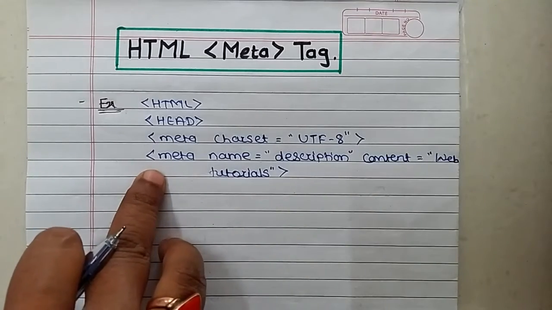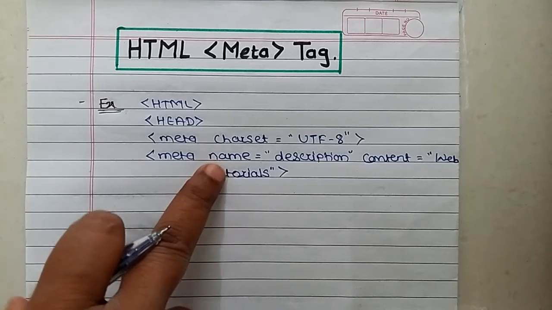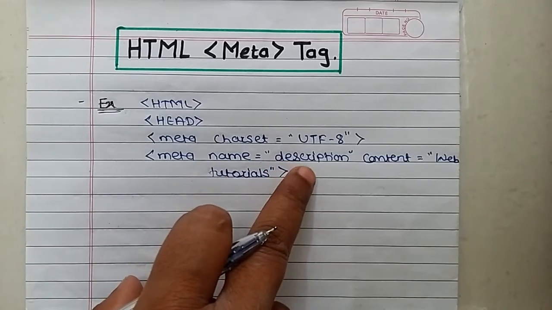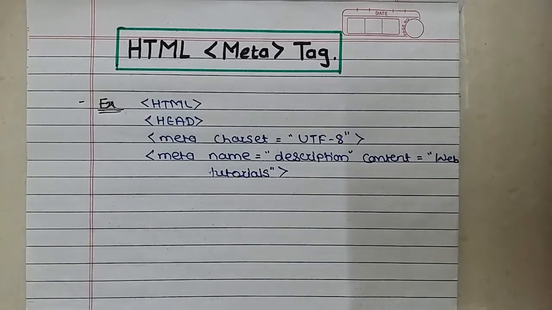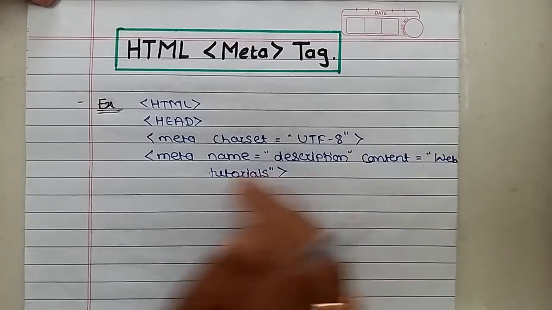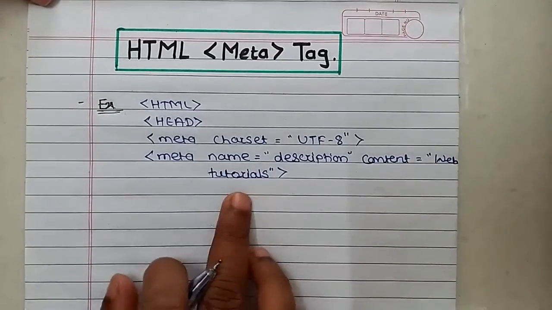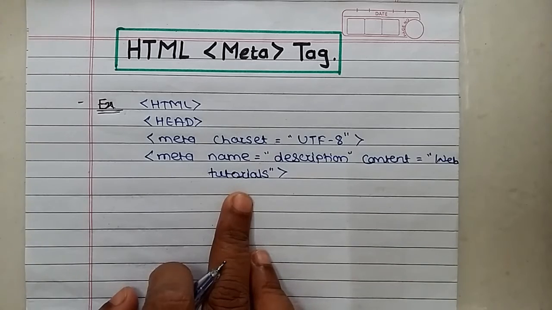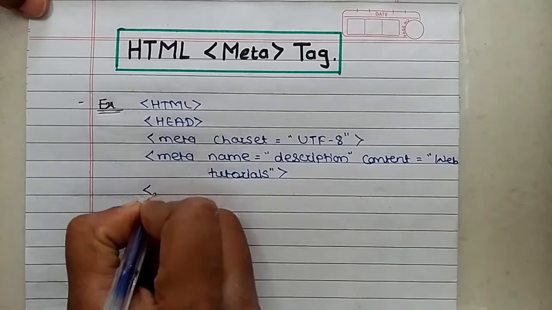In this line, what is the attribute of the meta tag here? That is name. Name is equal to description. It defines the HTML document description, which is related to web tutorials. So the content of this attribute is Web tutorials, meaning this document is related to web tutorials.